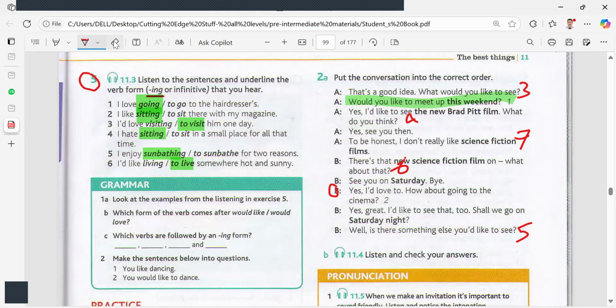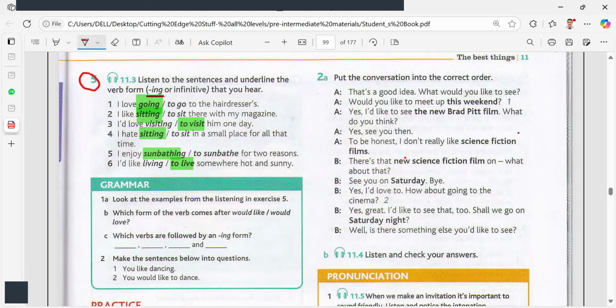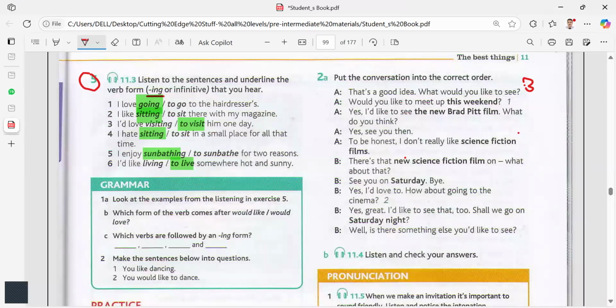Unit 11, Recording 4. Would you like to meet up this weekend? Yes, I'd love to. How about going to the cinema? That's a good idea. What would you like to see? There's that new science fiction film on. What about that?